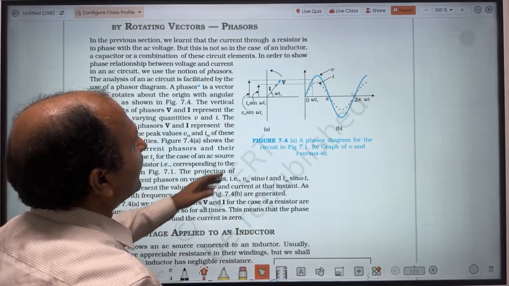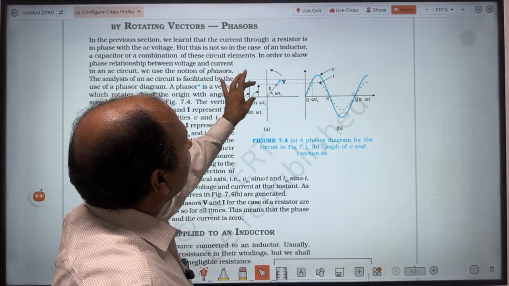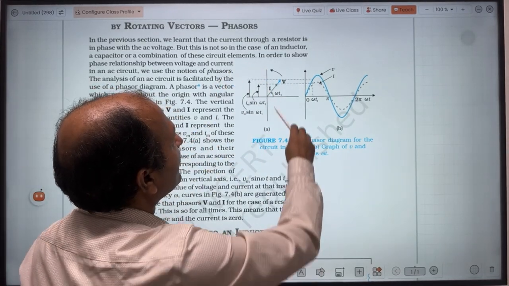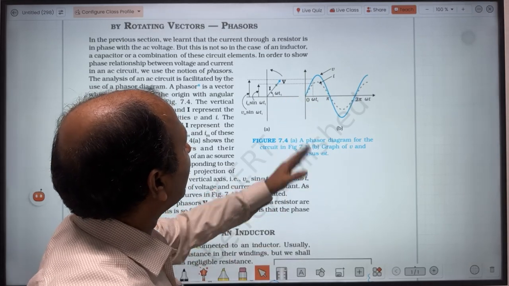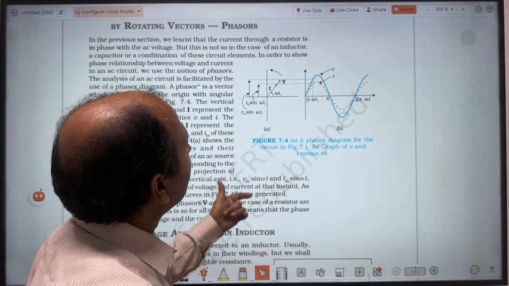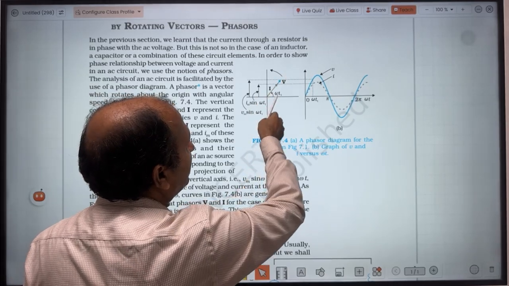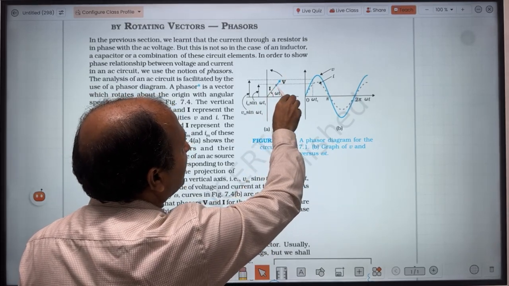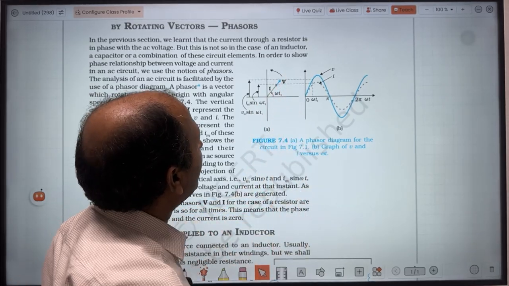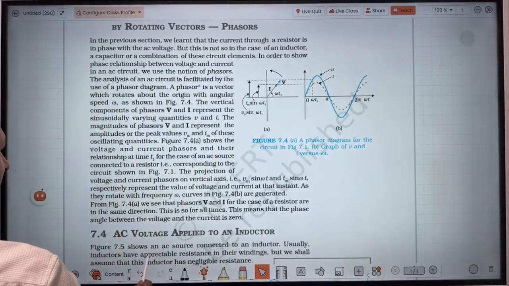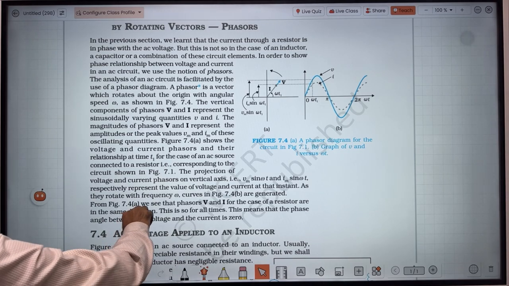Up to this height we assume this is the peak value of current, and up to this height it is voltage. They are in the same direction because the angle is the same, sine omega t in both cases. So this same line represents current and voltage, but the strength of current is less than that of voltage. So this is the phasor diagram, right? So you have understood that the phase difference between the two, current and voltage, is 0 degree.